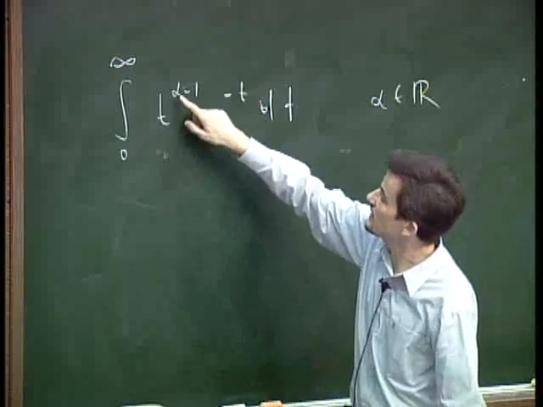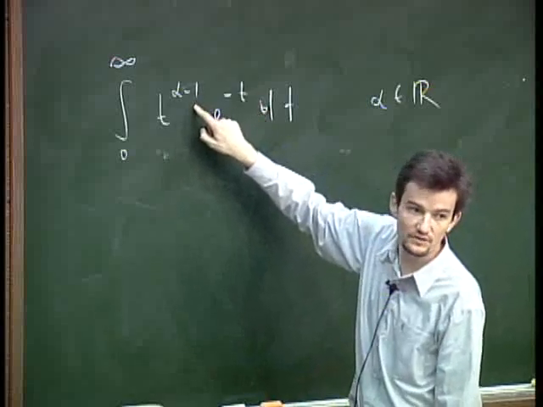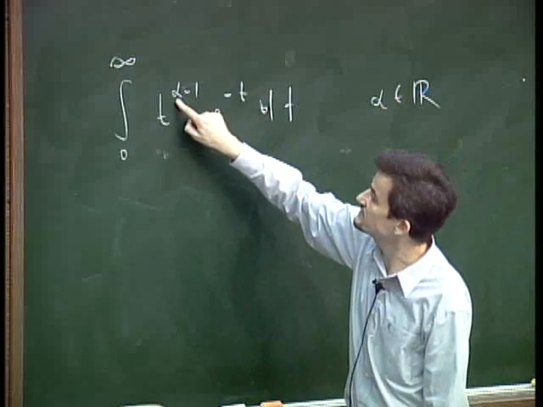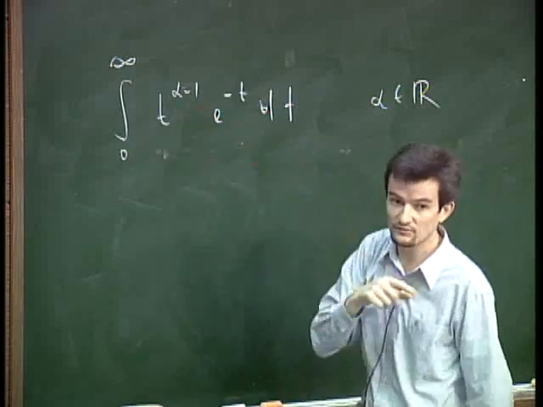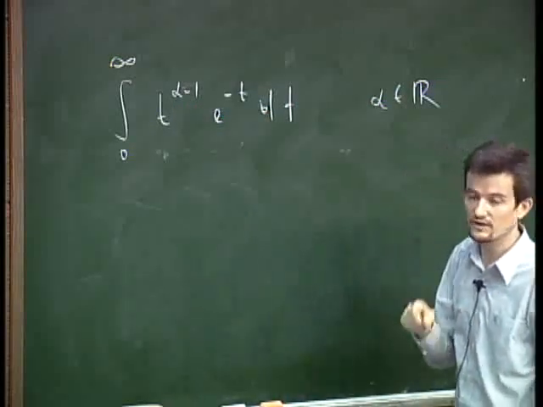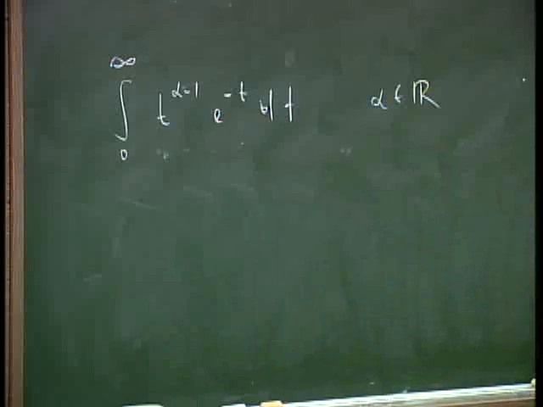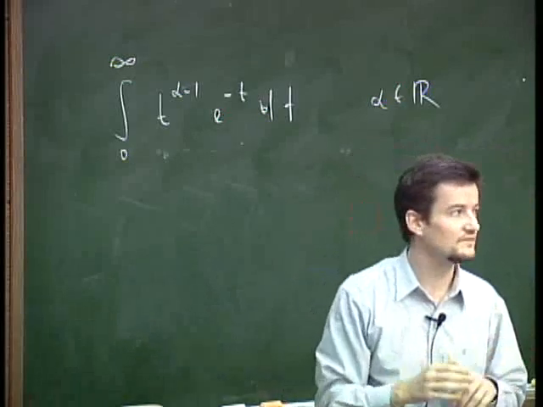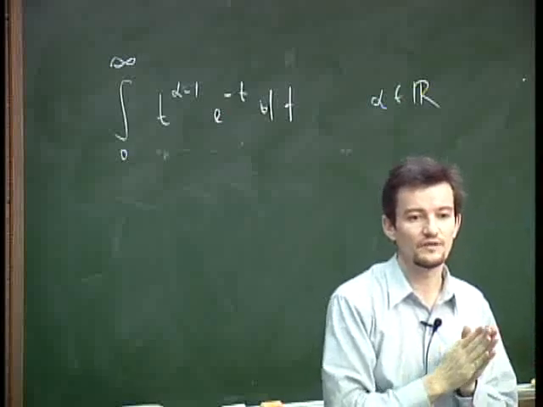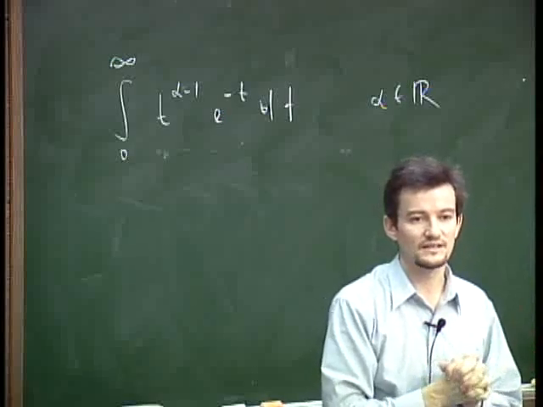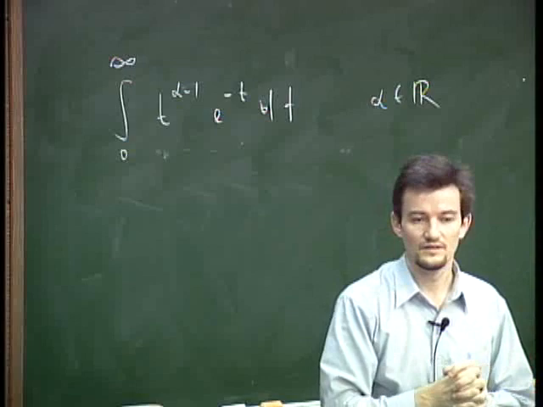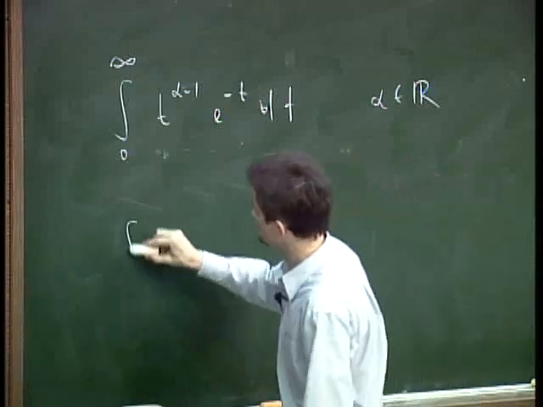So we have t to the alpha minus 1, and this is convergent if and only if alpha is larger than 0, as we have seen before. But to make this precise, you need a comparison test. Normally, if you have such a problem, the first step is to get a feeling for which alpha the integral should exist.